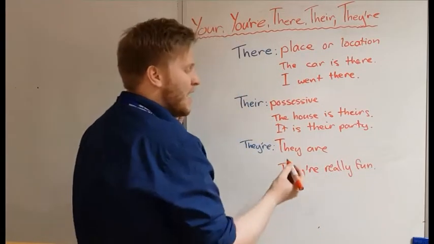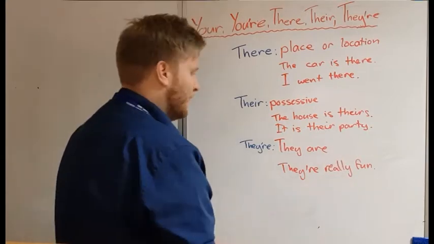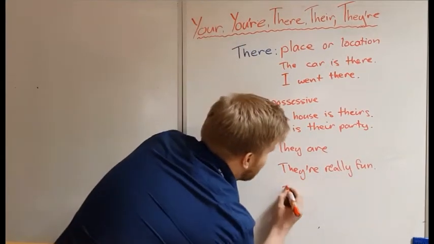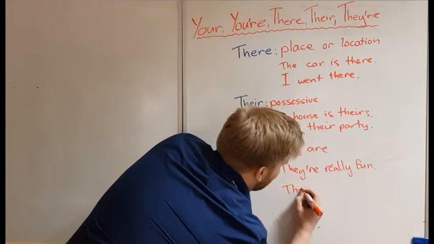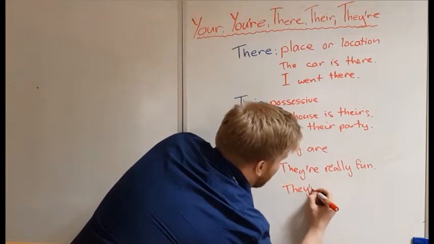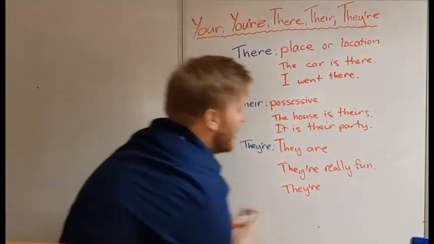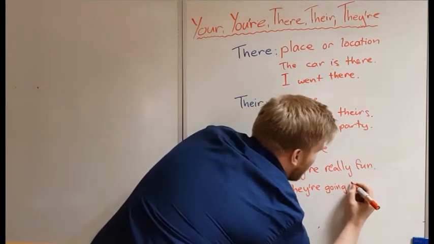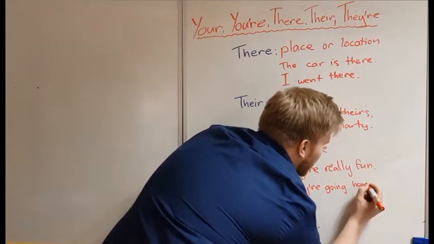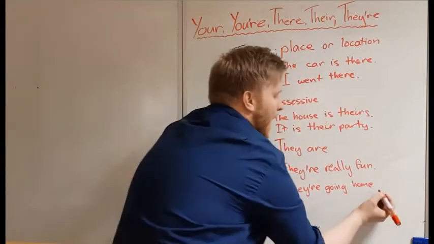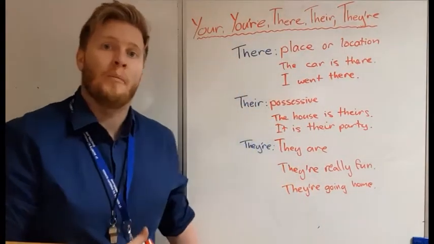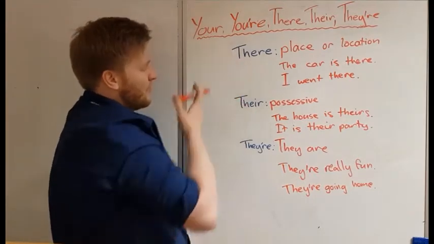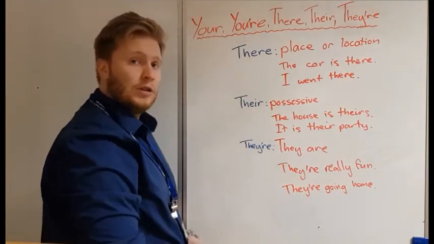Okay, because we could say they are really fun. They're really fun. Okay, and we could also use they're going home. They're going home. Okay, and that would be short for they are going home. So those are the three ways that we would use the three theres, and obviously before, the two yours.